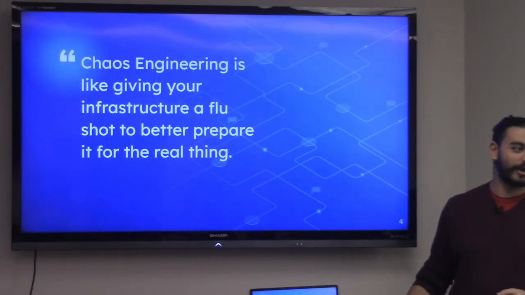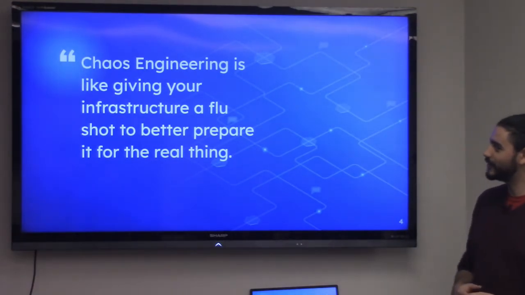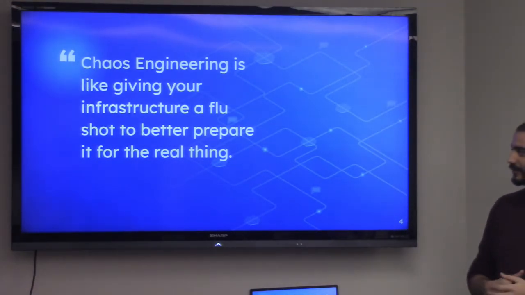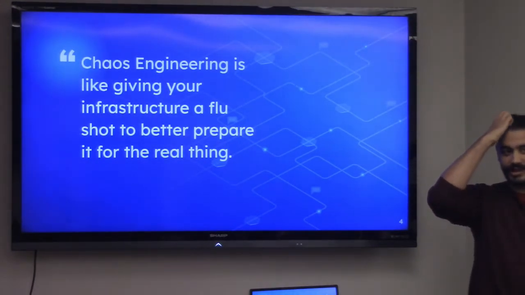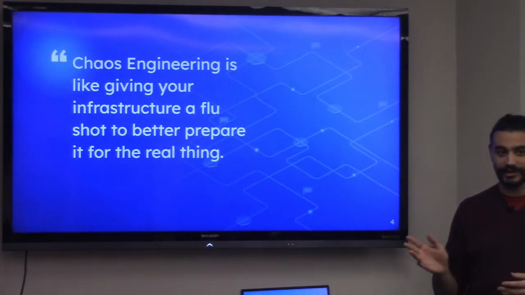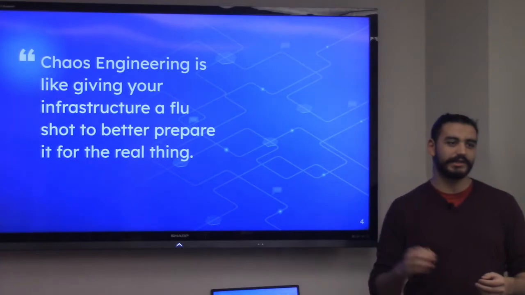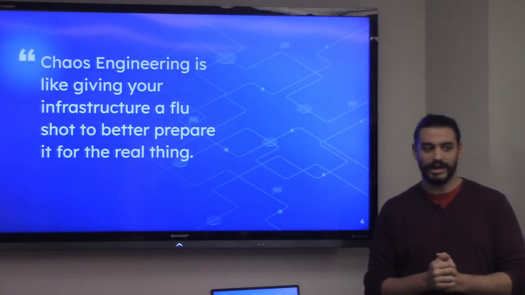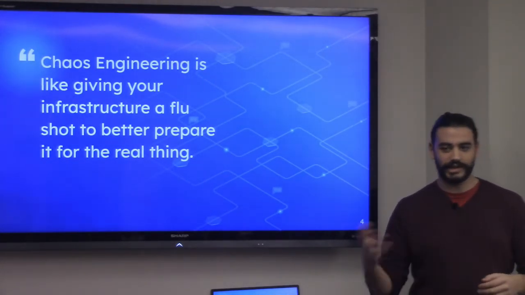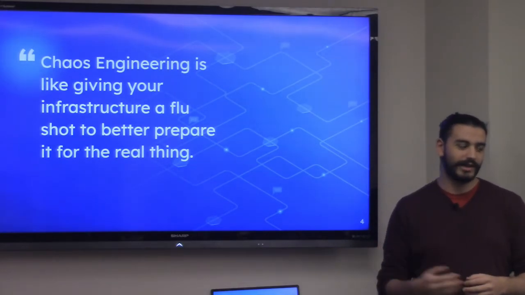Okay, cool. I don't know where I found this quote, I just remember it. Chaos engineering is like giving your infrastructure a flu shot to better prepare for the real thing. It's basically that. Infrastructure level failures happen rarely in certain companies, but when they do happen, we have outages, which affect customers, and customers get really mad.